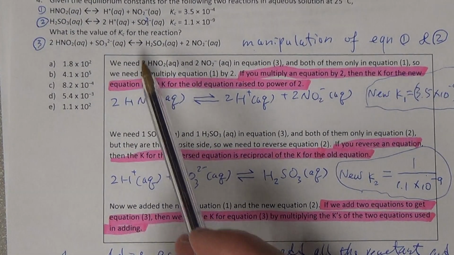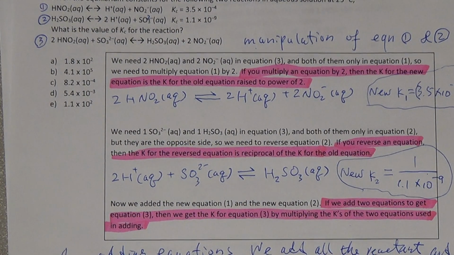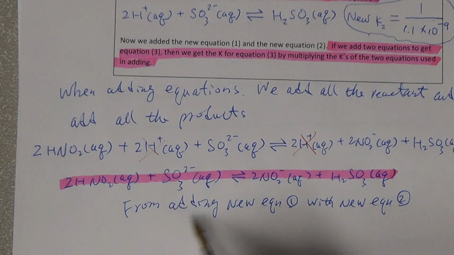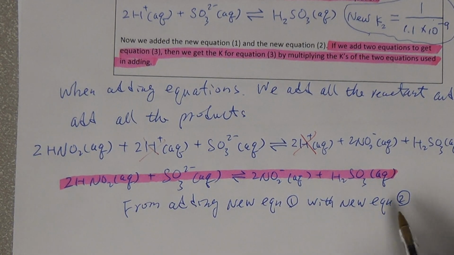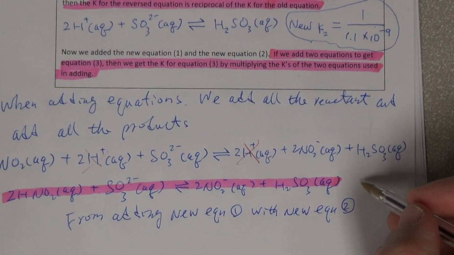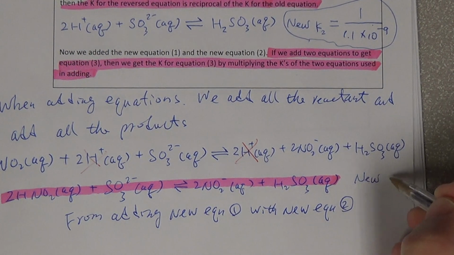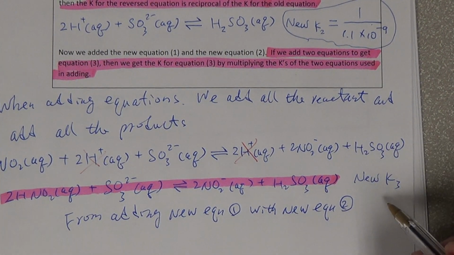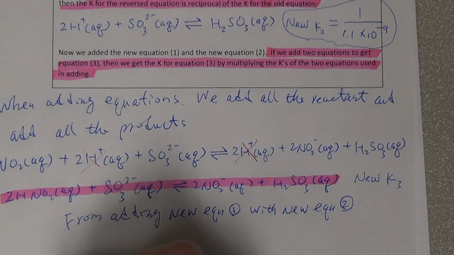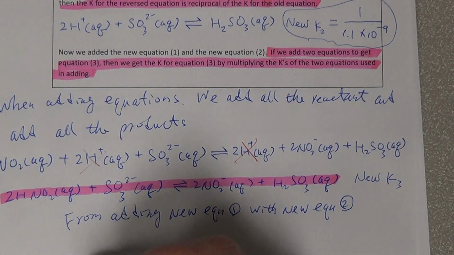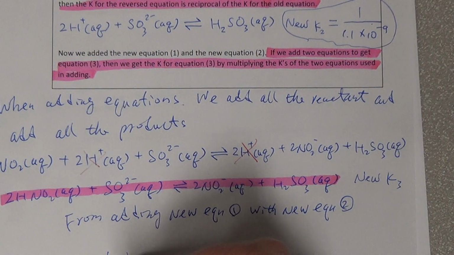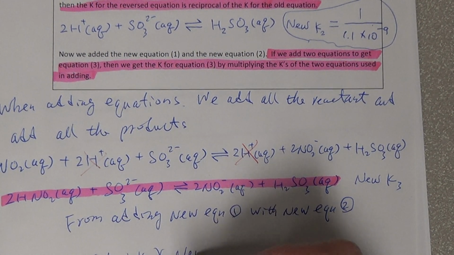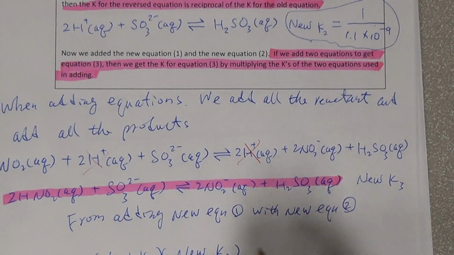Then we see they are the same. So therefore, this equation I highlighted here, obtained by adding new equation 1 and new equation 2, will have the new K3, which is the K3 you want to find out. So therefore, K3 will equal the new K1 times new K2.